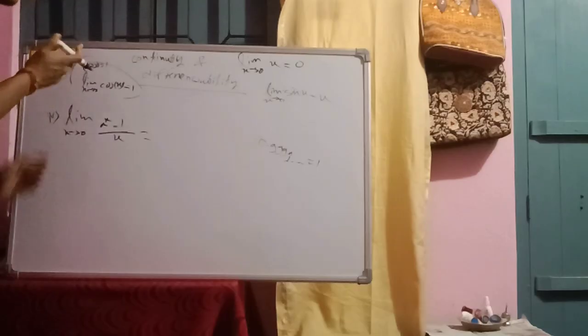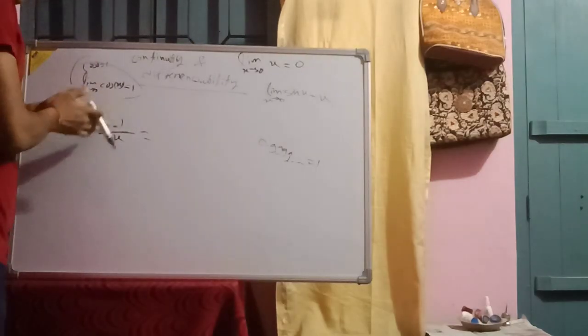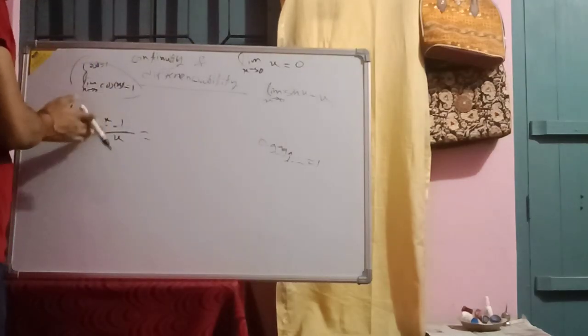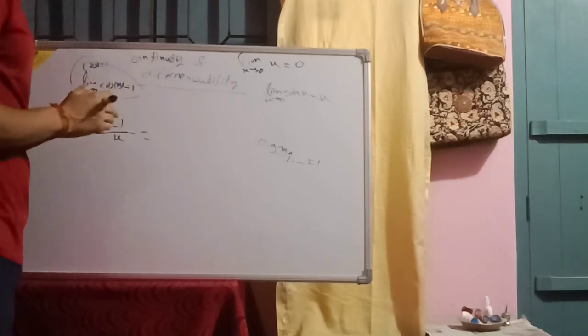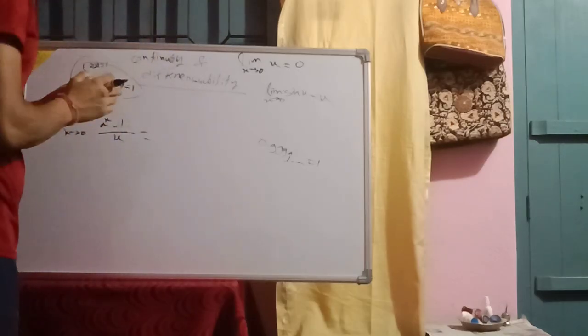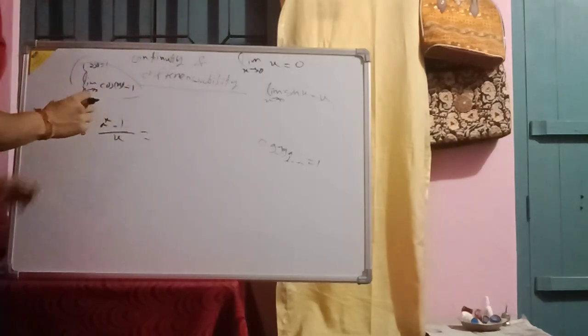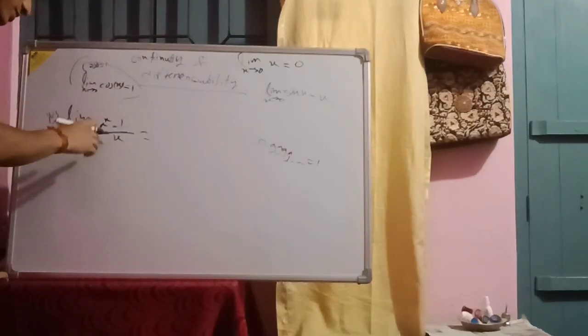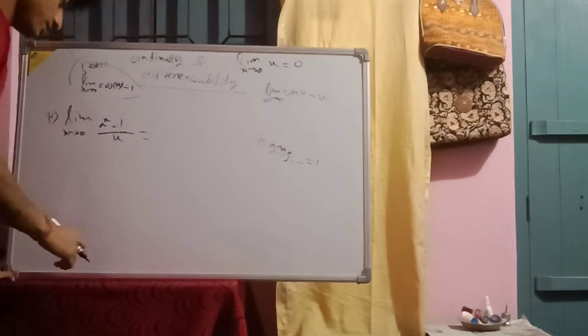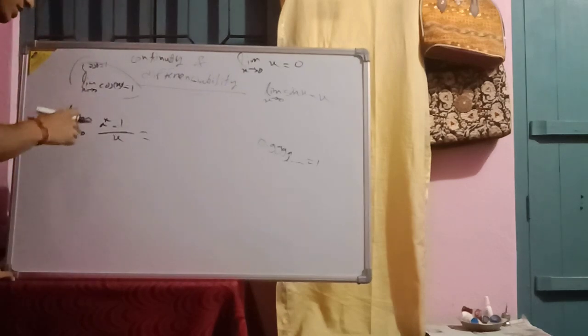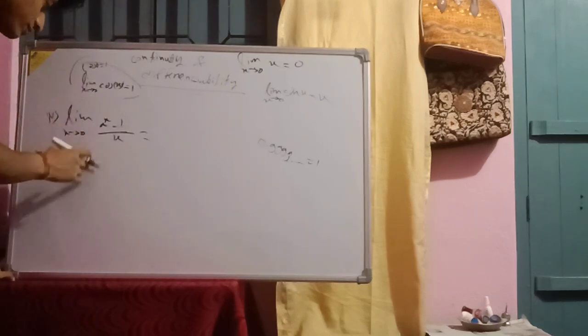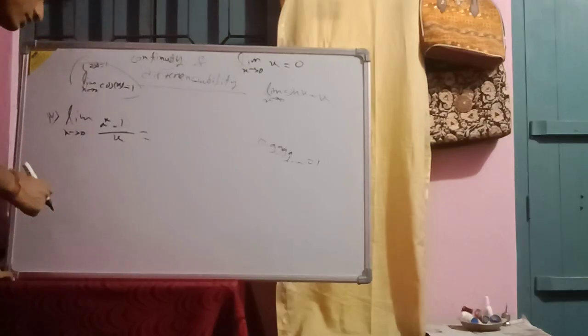So what we'll have to do is differentiate both the numerator and the denominator. Obviously individually, you cannot differentiate the whole thing together, then things would be different. We'll have to differentiate both the numerator and the denominator individually, and then what we get from that we'll have to plug in the value that we are approaching over there.